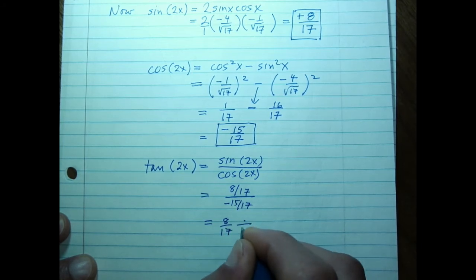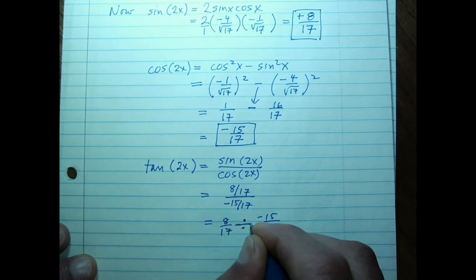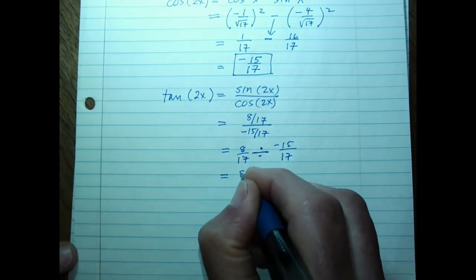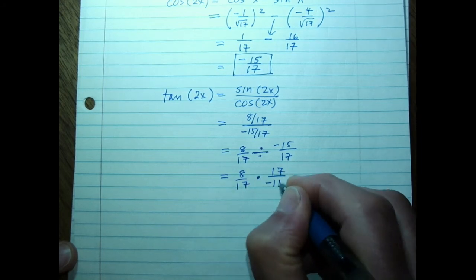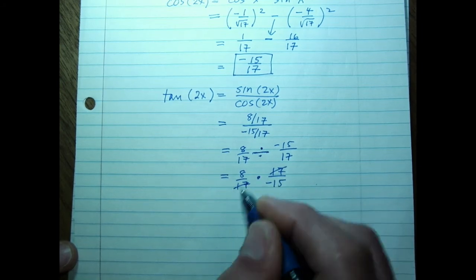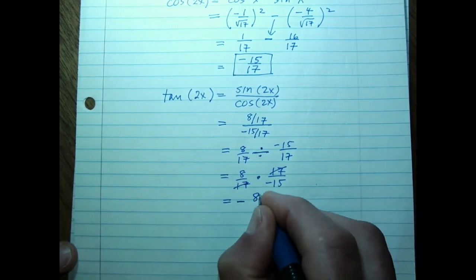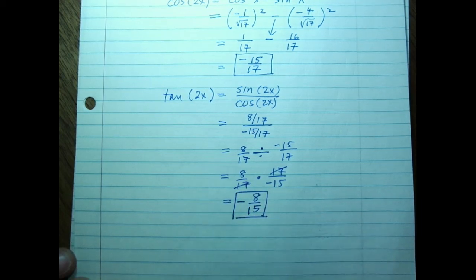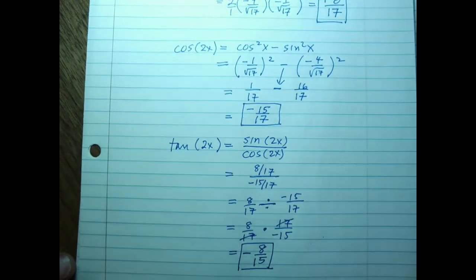And I'm just going to write this out as a reminder for you folks who need to be reminded about fraction division. It's 8/17 times the reciprocal of the second. 17s will cancel. Positive times negative is negative 8/15. The tangent value is negative 8/15.